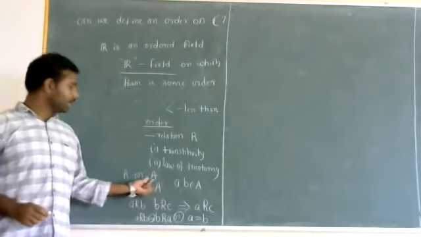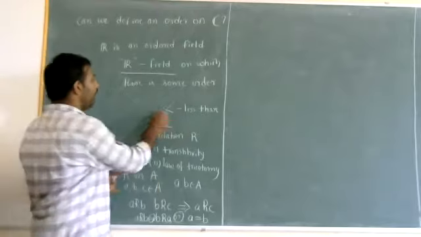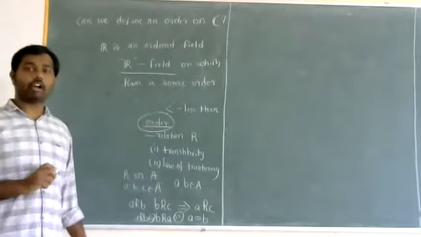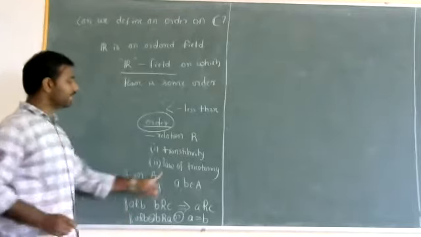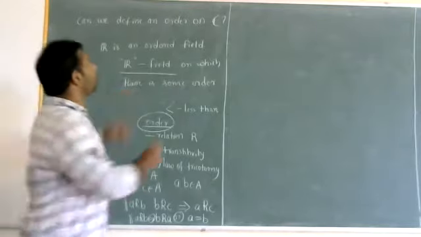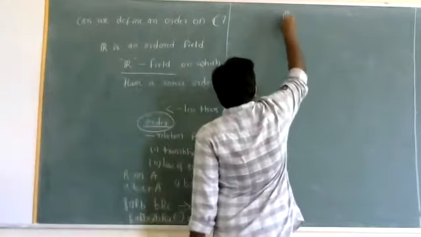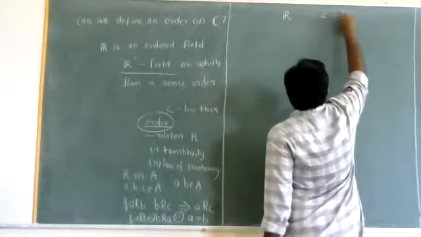So any relation on a set A is said to be an order if it is transitive and it satisfies the law of trichotomy. Now on the set of all real numbers, impose the less than relation.